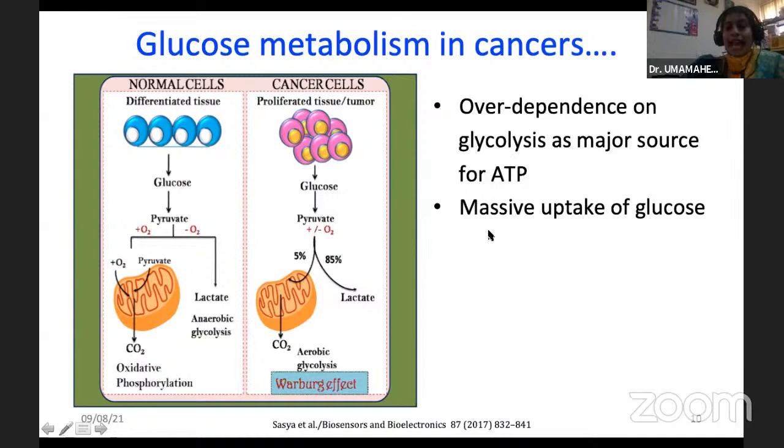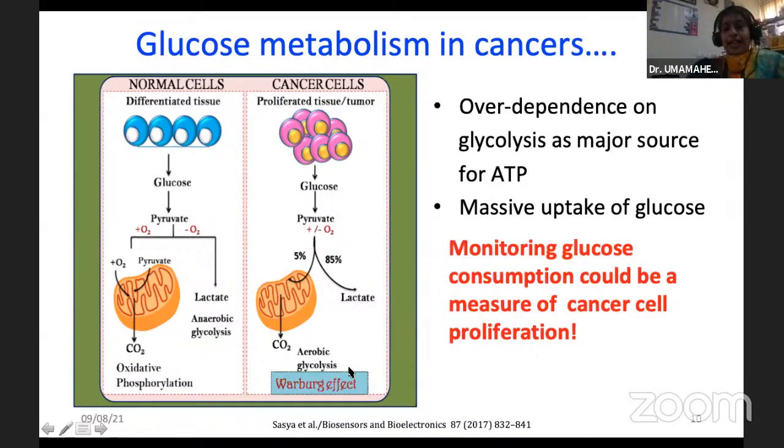So as a result, cancer cells have a high level of increase in glucose consumption, and this is called the Warburg effect. So we decided that if we monitor this glucose consumption, then we can actually have an idea about cancer cell proliferation.